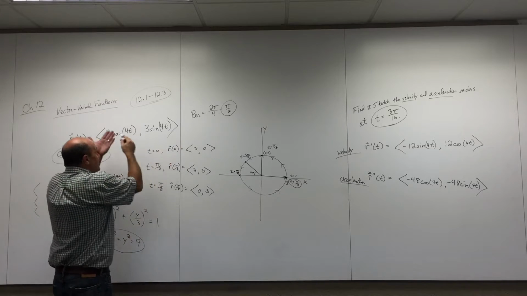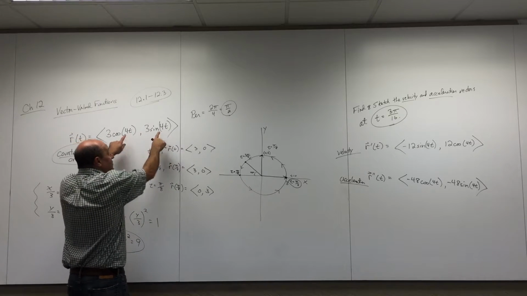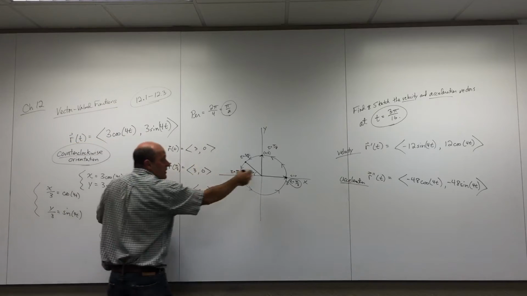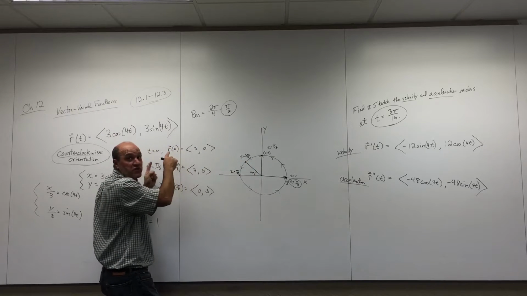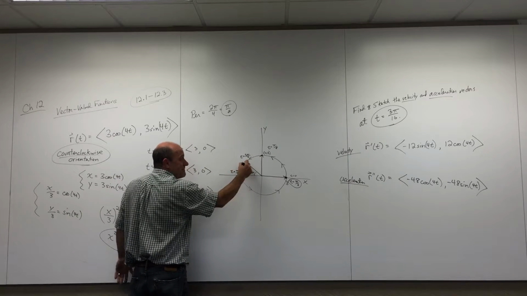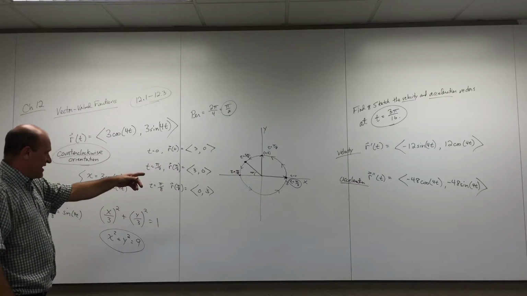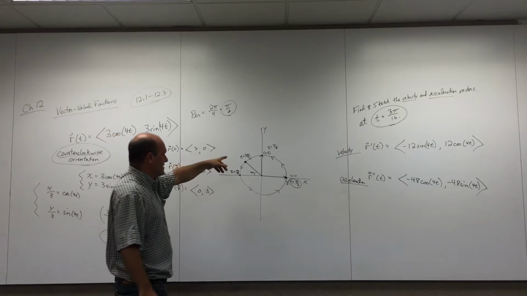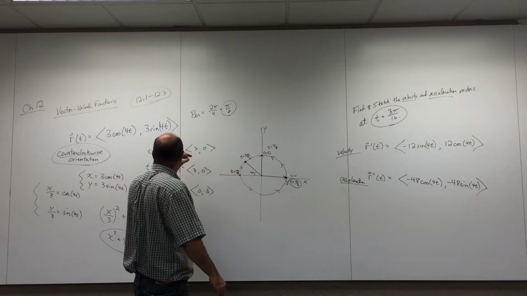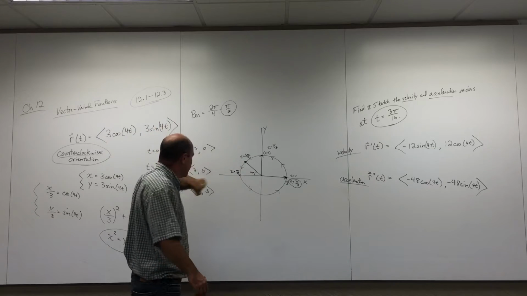And I never did actually plot it. If I plugged it in, I could have got those position numbers, but those position numbers would have been right here. Negative 3 over the square root of 2, positive 3 over the square root of 2, perhaps.